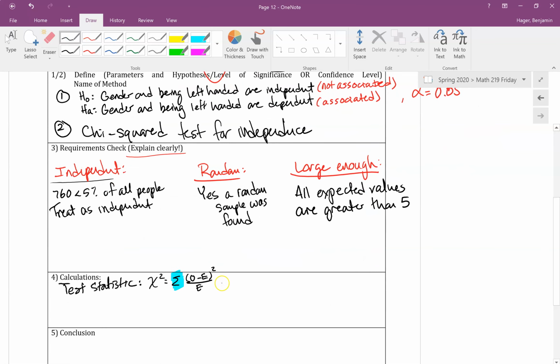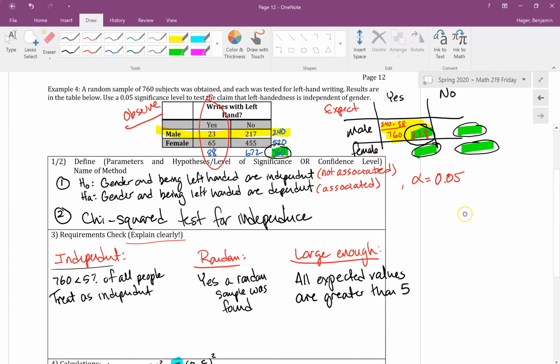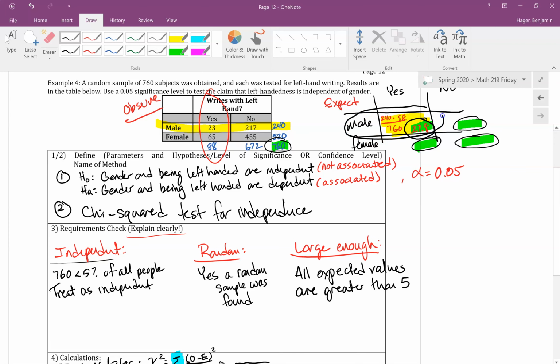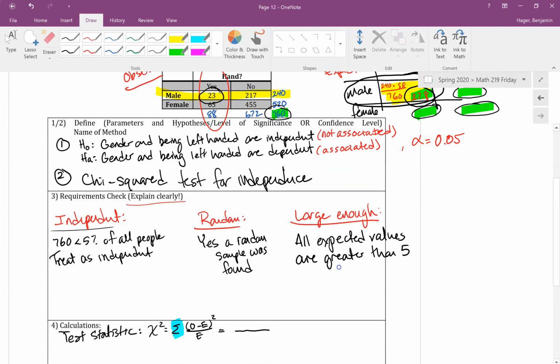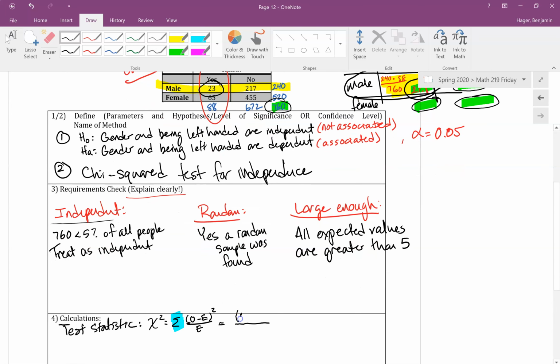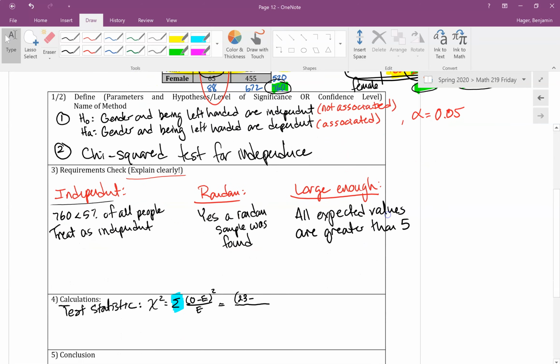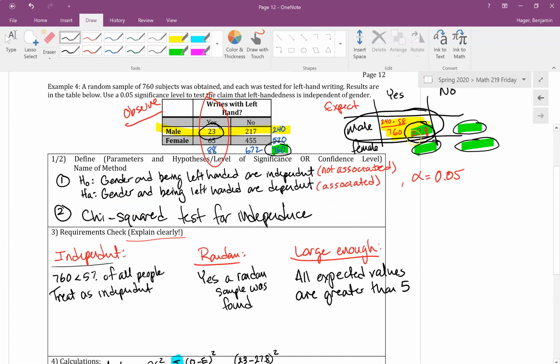I'll just write out the first one since we went ahead and found it. The one group I did was left-handed males. We observed 23 of them. We expected 27.8, according to what we did up here.